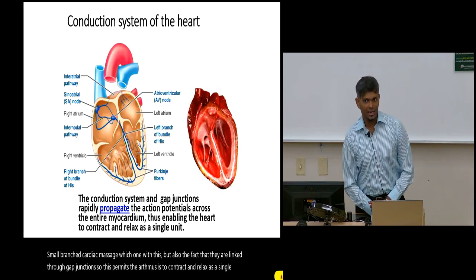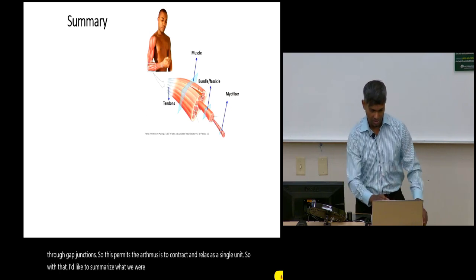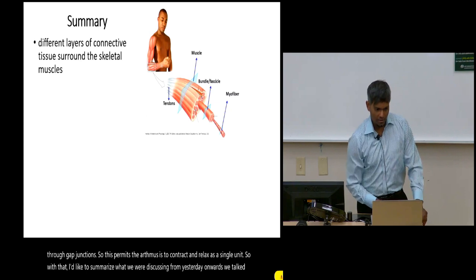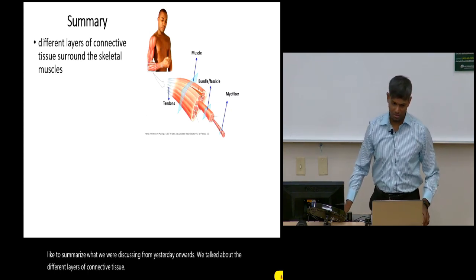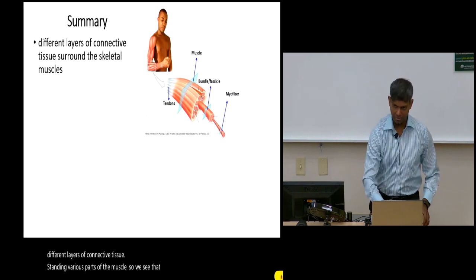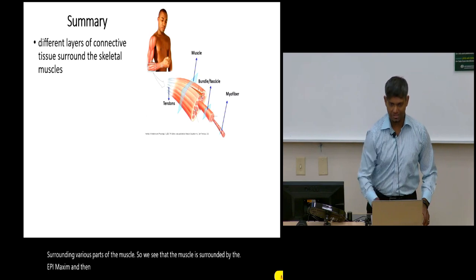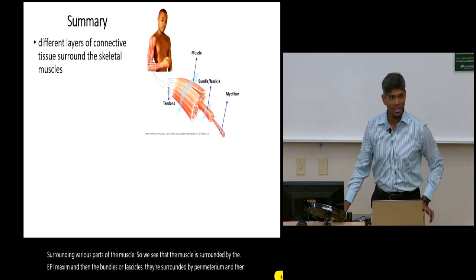So with that, I'd like to summarize what we were discussing from yesterday onwards. We talked about the different layers of connective tissue surrounding the various parts of the muscle. So we see that the muscle is surrounded by the epimysium, and then the bundles or fascicles, they're surrounded by perimysium, and then each myofiber is surrounded by the endomysium.